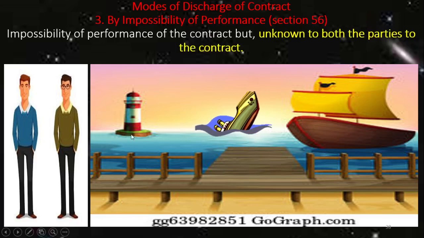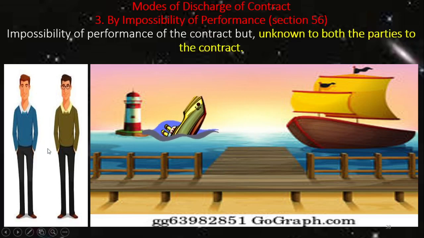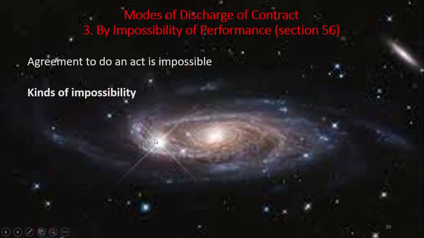In that situation, they were unaware of the fact, and they cannot continue with the contract. So they were innocent regarding the impossibility of contract. If the goods are lost in the sea, they cannot proceed with the contract. So the contract is impossible to perform.